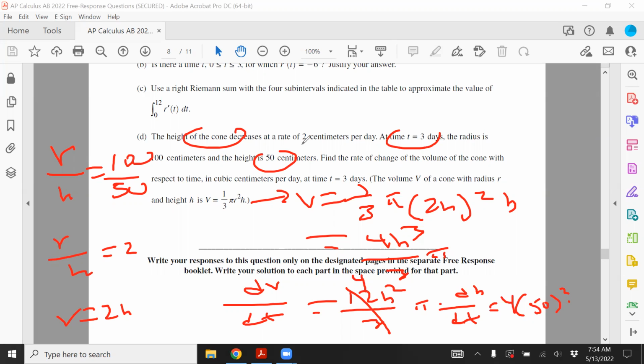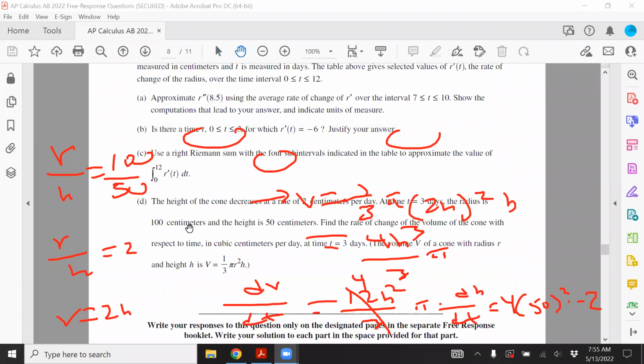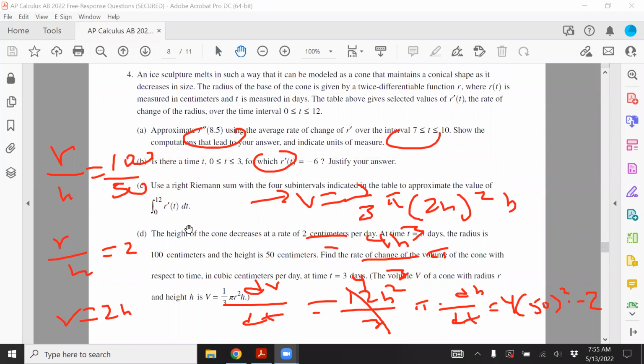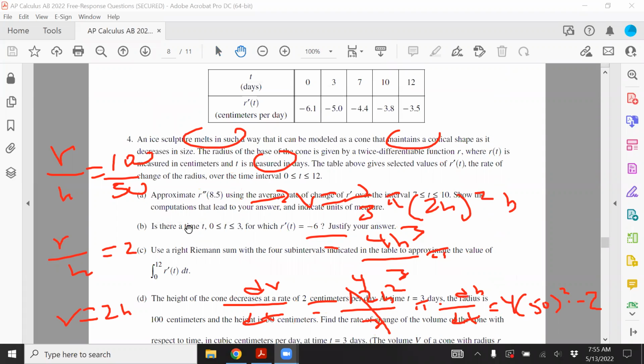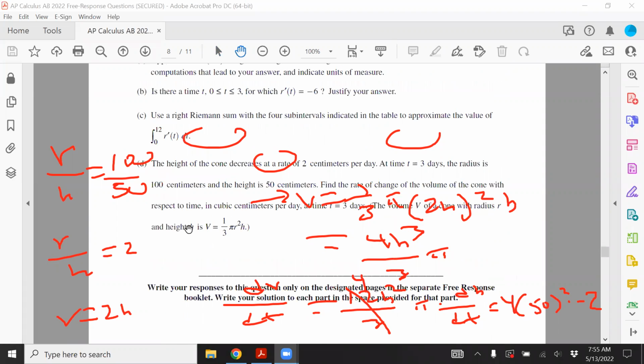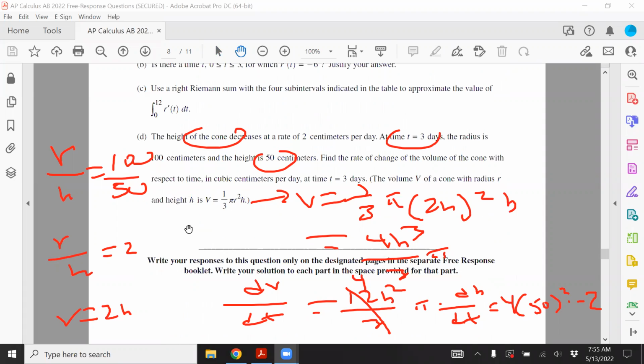The height decreases, so it's negative 2. I suppose you could also have done R prime, which is negative 5, but let's just stick with how the height's decreasing. That just makes more sense.